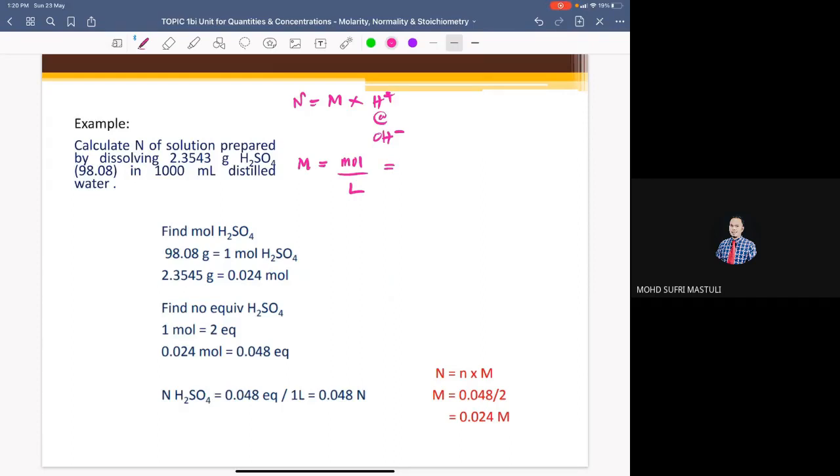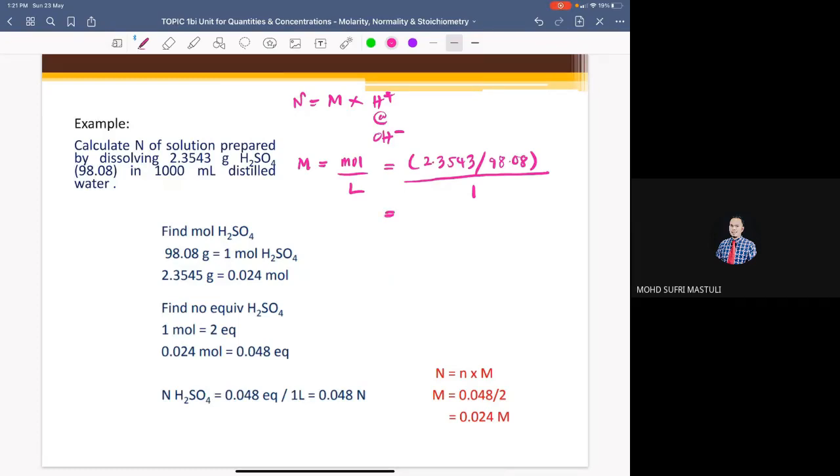The mole is the mass, 2.3543, divided by 98.03, and then over the volume. The volume in this case is 1000 ml, which is equivalent to 1 liter.